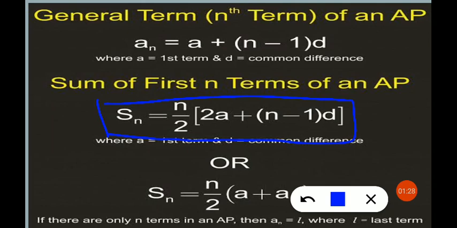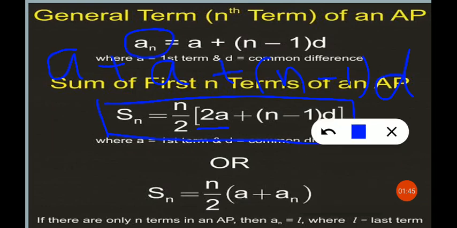Here this 2a can be written as a + a, and then we have (n - 1)d, and we know that a + (n - 1)d is equal to an. So our formula will change into n/2 into (a + an).